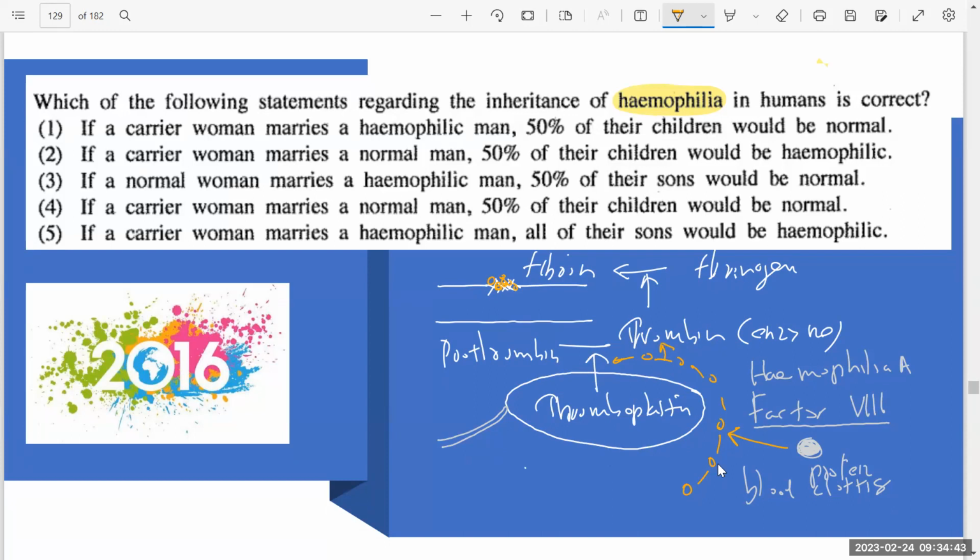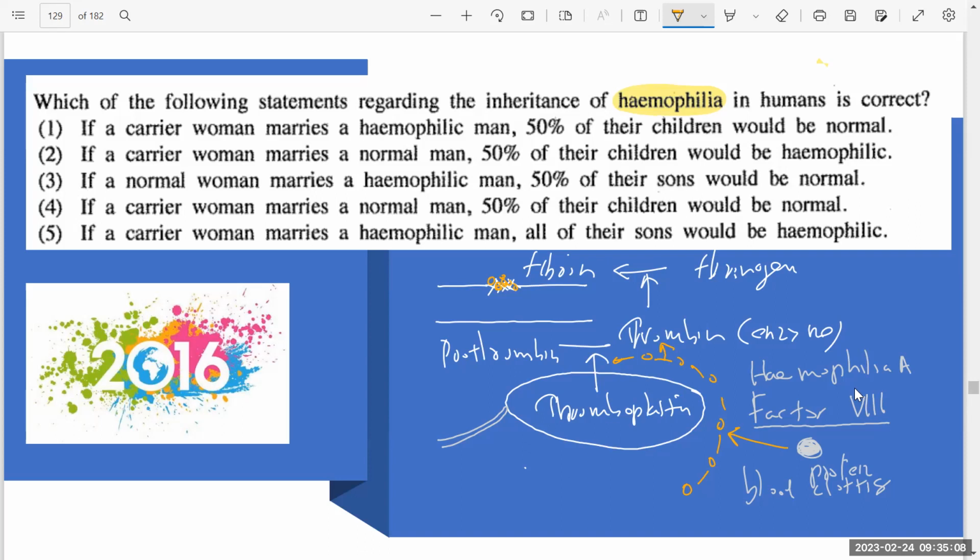So hemophilia is a blood clotting disorder, and it is basically due to a lack of factor 8, which is required for blood clotting. Where is it involved? It is involved in activating thrombin, but we don't learn those pathways. They are very complex. That's one thing.